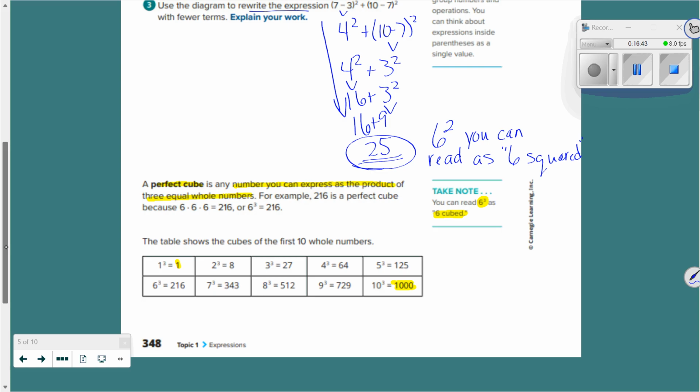If I have an exponent of 3, I call it cubed. You write this down. Everybody good on these terms? Okay, let's go to our next page then.